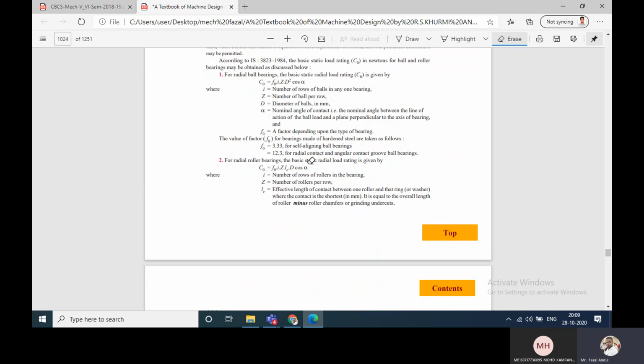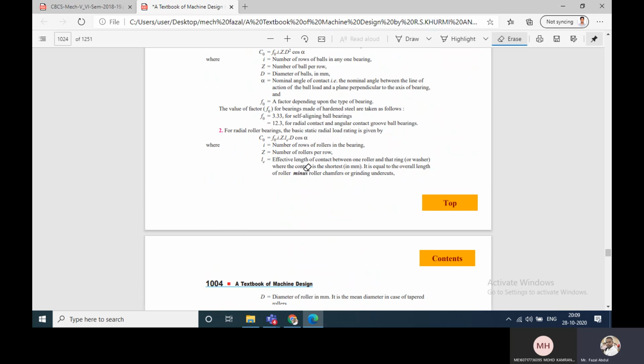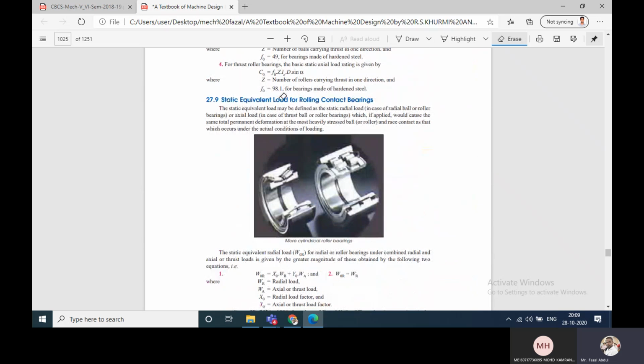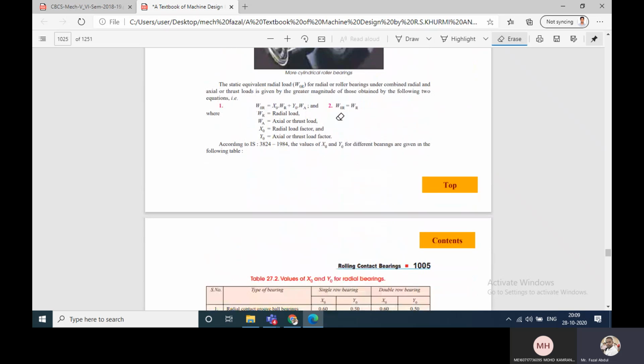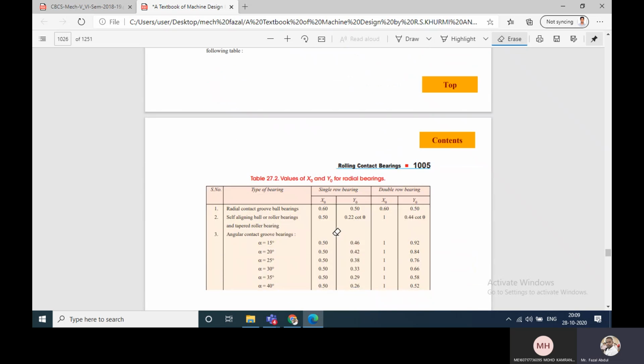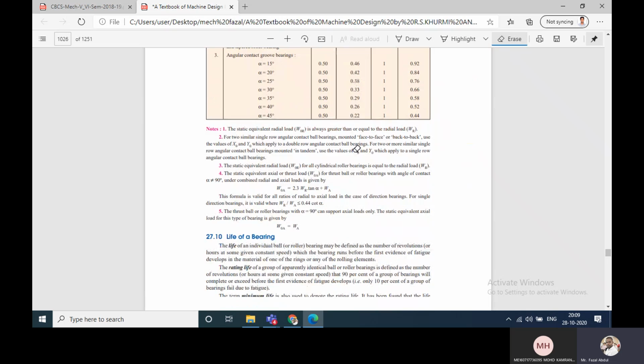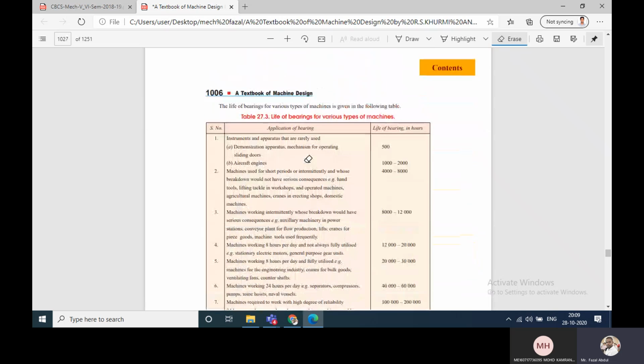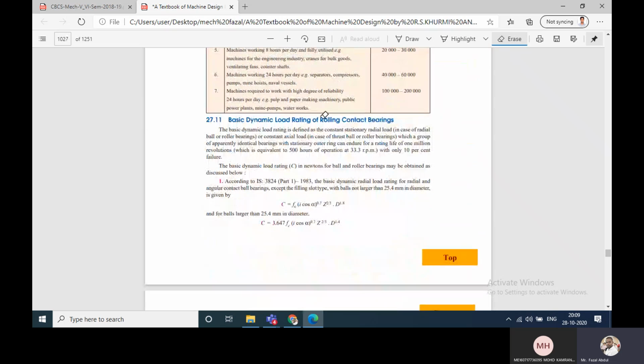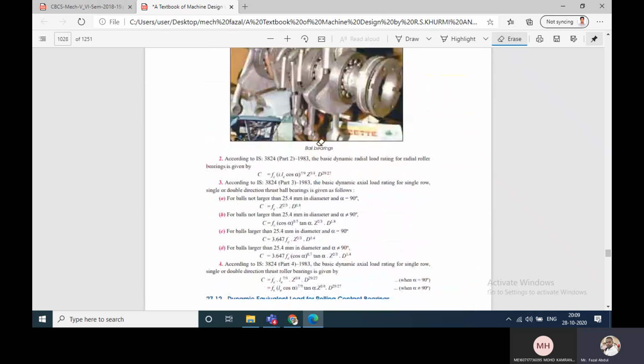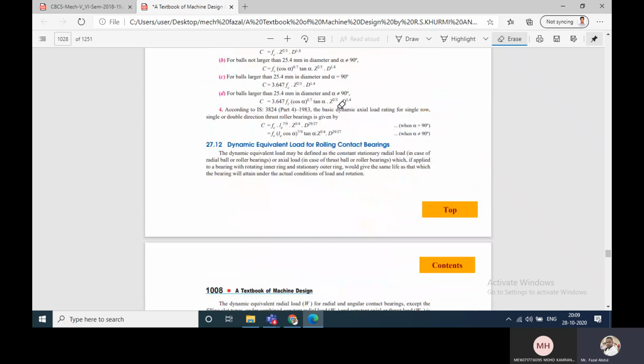This is for ball bearing. This is for roller bearing. Now static equivalent load for rolling bearing. This is for the static relation. First equation, second equation, respective tables are there. Life of bearing, for this another table is there. Dynamic loading, another relation is there. A lot of relations are there.